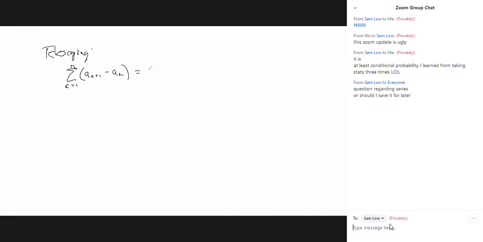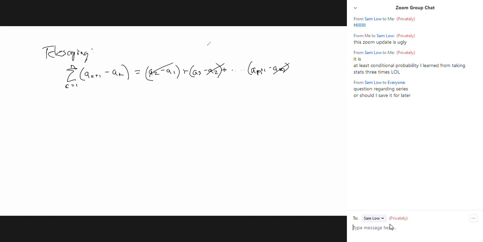Okay, so this is going to be something like a2 minus a1 plus a3 minus a2. If we keep going, we're eventually going to get to a(k+1) minus ak, or n plus 1. And then we have the situation where we have all this cancellation throughout.